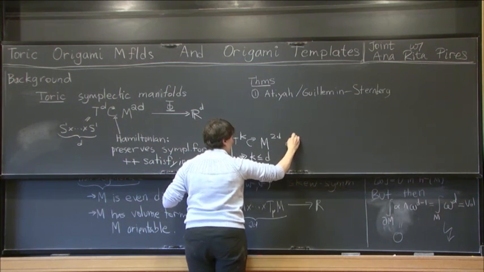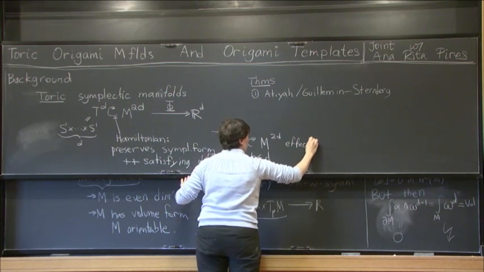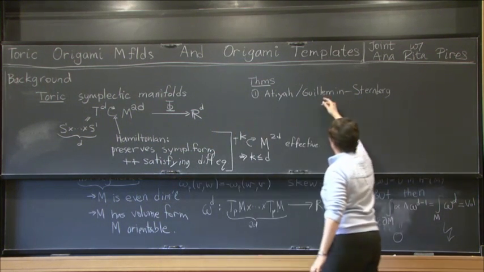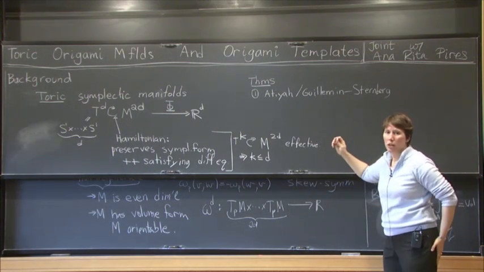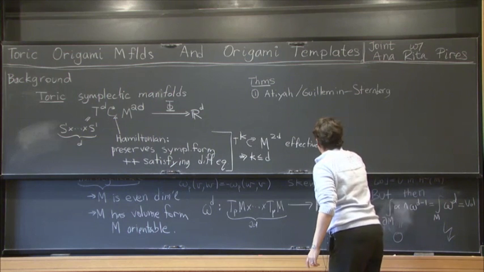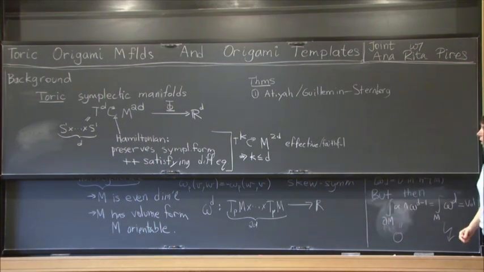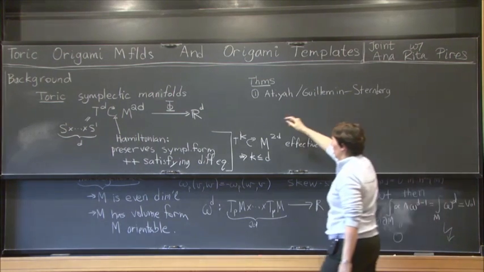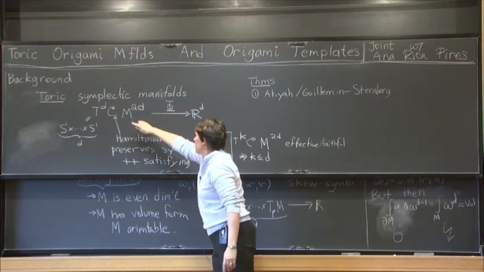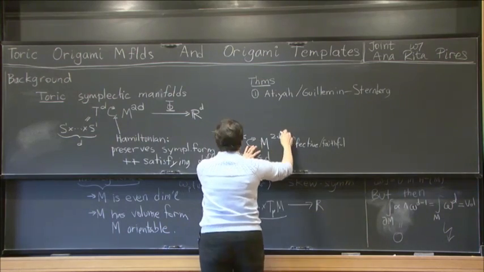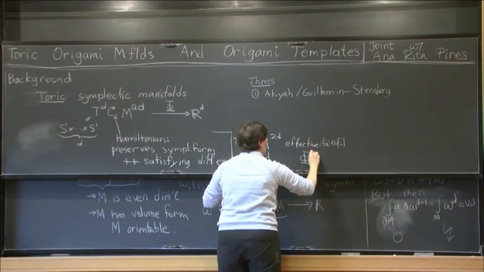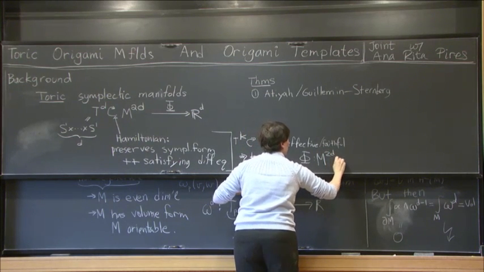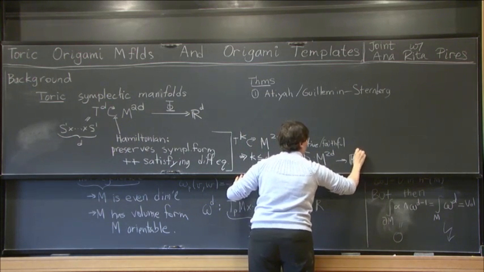Oh, I should say effective, faithful. Okay, and so what Atiyah, Guillemin, and Sternberg showed in 1981 is that this differential equation gives you a map from M^2D to R^K.